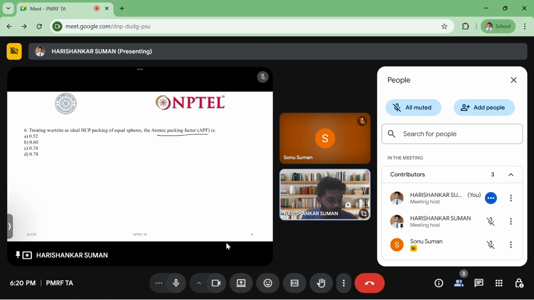So as we discussed, the answer will be 74% atomic packing factor. We have already discussed how we calculate this type of question.